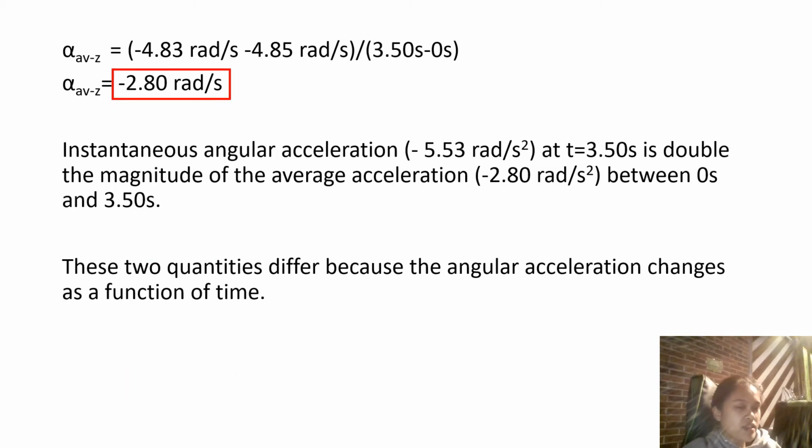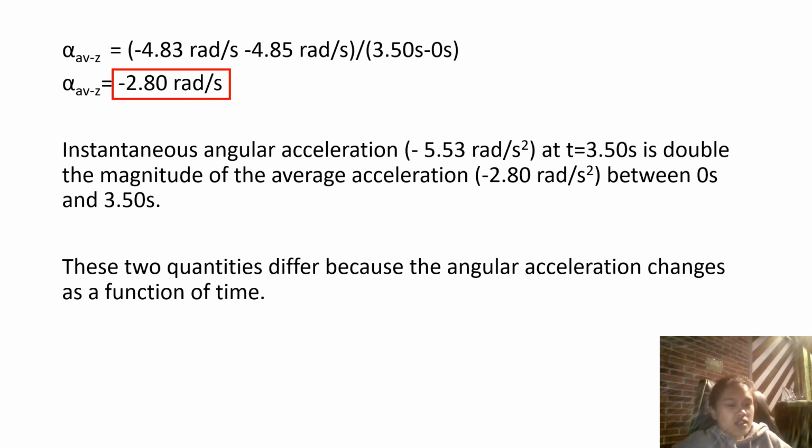We compute the average angular acceleration using the formula final angular velocity minus initial angular velocity over final time minus initial time. Plugging in the values, we obtain an average angular acceleration of negative 2.80 rad per second squared.